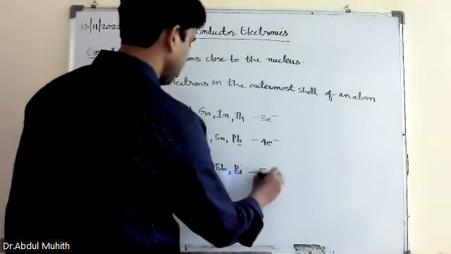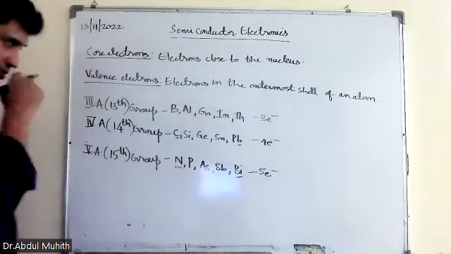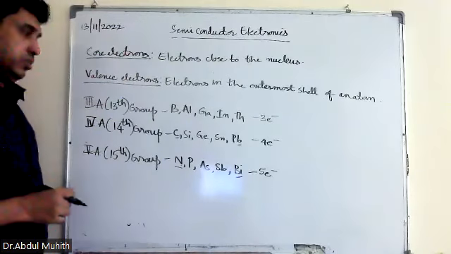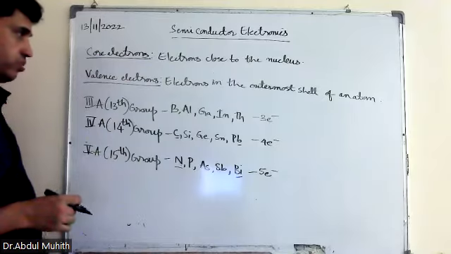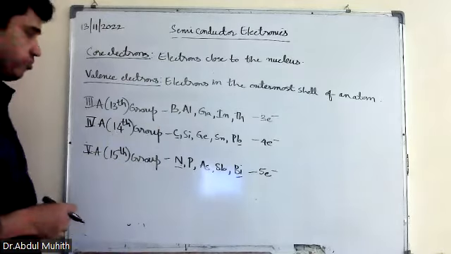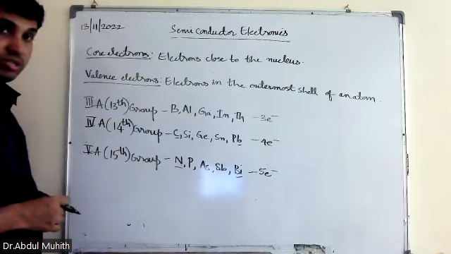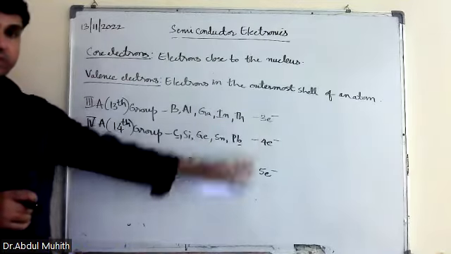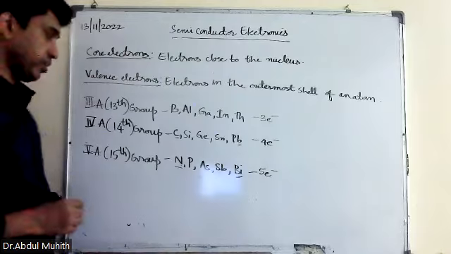It has 5 electrons in the outermost shell. Again, nitrogen is a gas and bismuth is a radioactive element. So we have third A, fourth A and fifth A group elements. This plays an important role in the preparation of semiconductors.